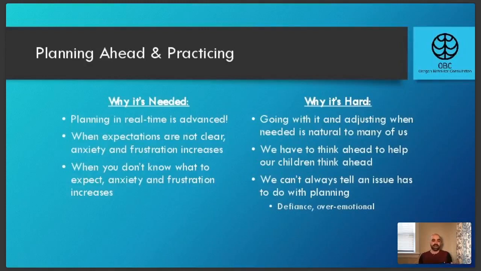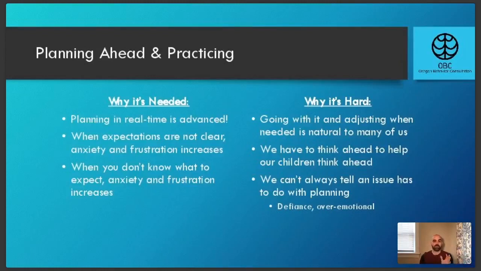Whatever it is, if we have not taken the time to ask ourselves, will my kid need support during this? Then we're going to have to be thinking on our toes. And we don't necessarily always do very good at that either. So that can create more intense situations because now both of us are trying to do in real time thinking, and that's not going to necessarily have the best outcome.